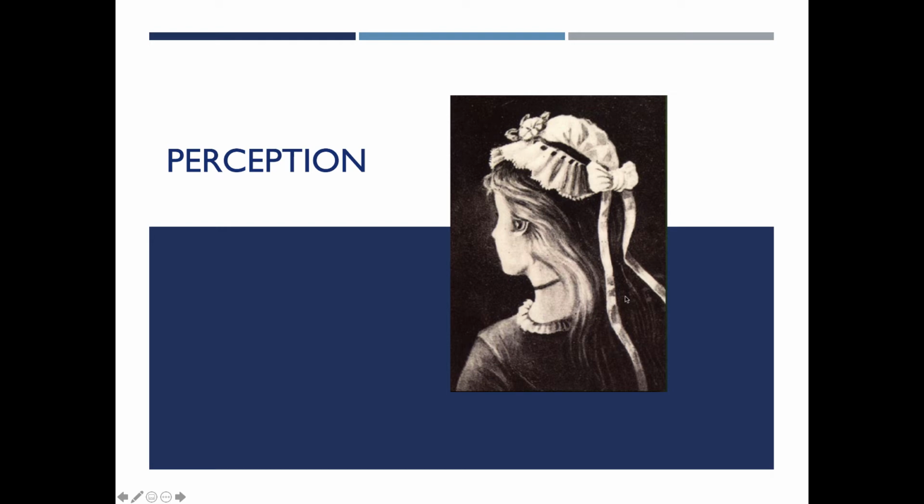Now, if you wanted to see the old woman instead, this is her very large prominent nose with a wart on the end of it. This is her mouth, and this is her chin, and these are wrinkles on the side of her face. Whether you saw the young or the old woman is heavily influenced by all of the things that bring meaning to your life.